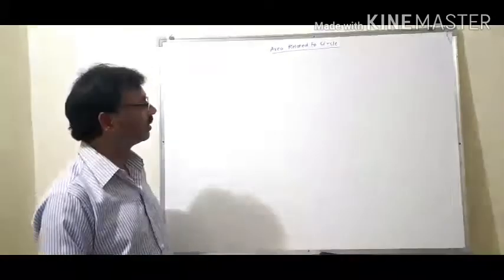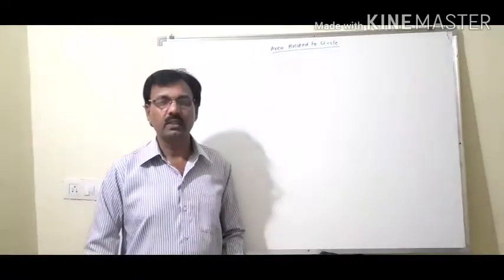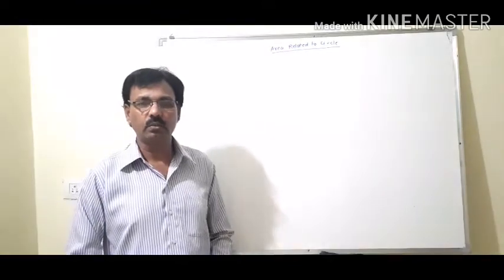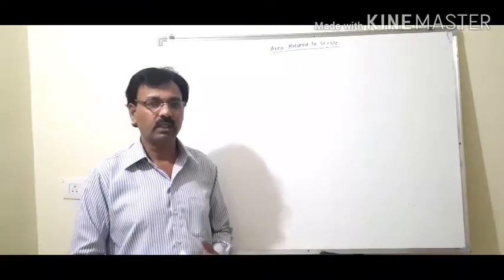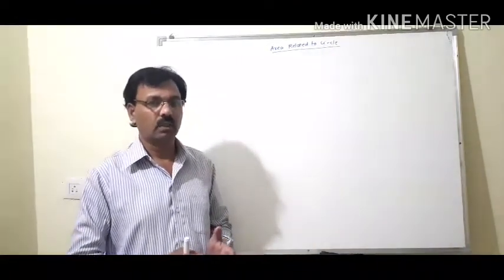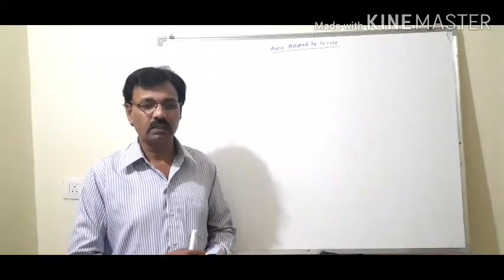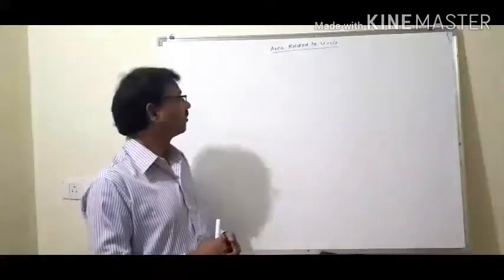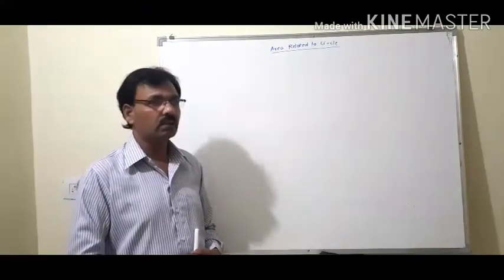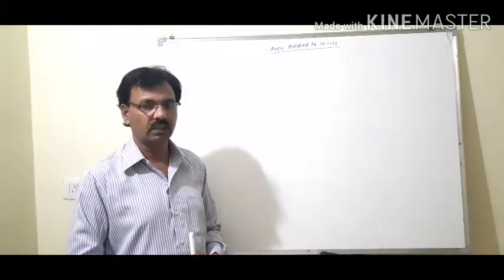Hello students, in this video we will discuss area related to circles. Actually, this chapter is from the maths of 10th class. This chapter is very important from the point of view of examination.